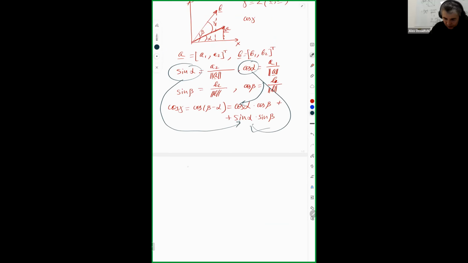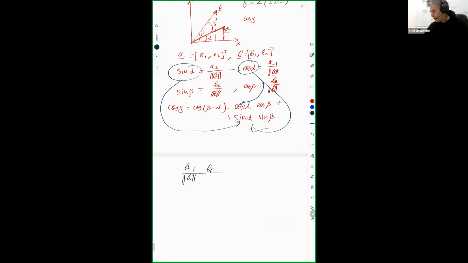It's A1 divided by the absolute value of A, cosine of alpha, multiplied by cosine of beta, so it's B1 divided by the absolute value of B. If I didn't make a mistake.